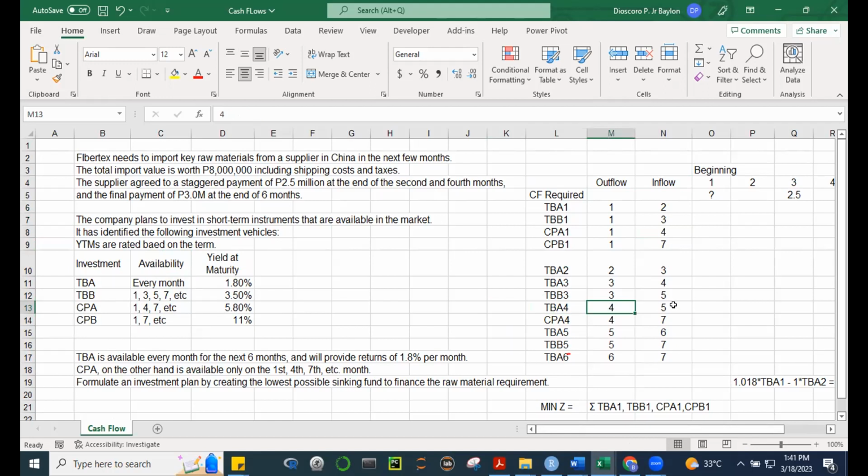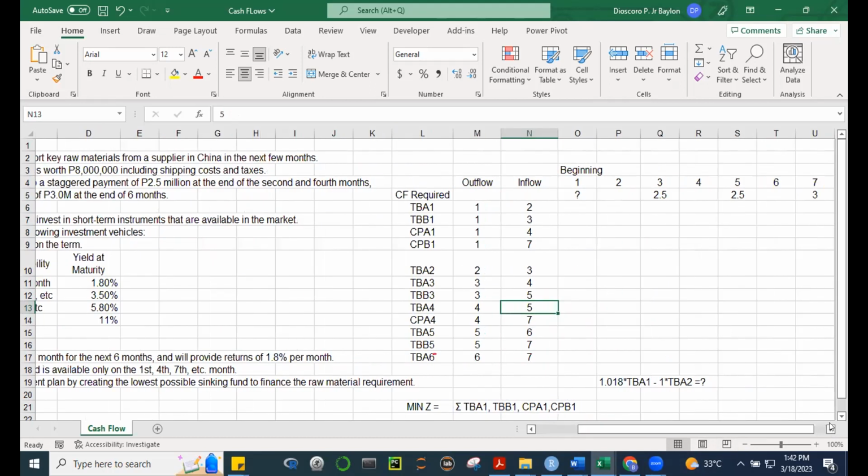No, sorry, I'm mistaken here. This is TBA. So this is this type of investment, and it will be invested in the fourth month, and it will mature at the beginning of the fifth month.